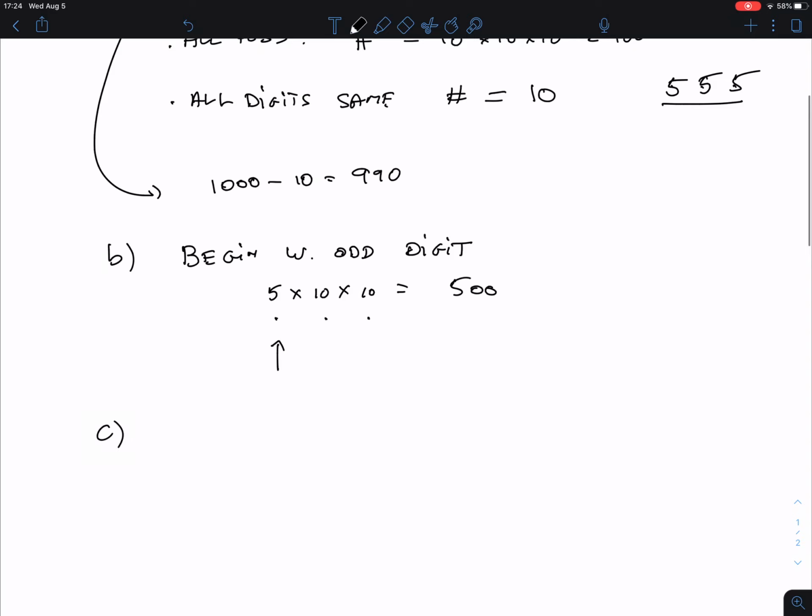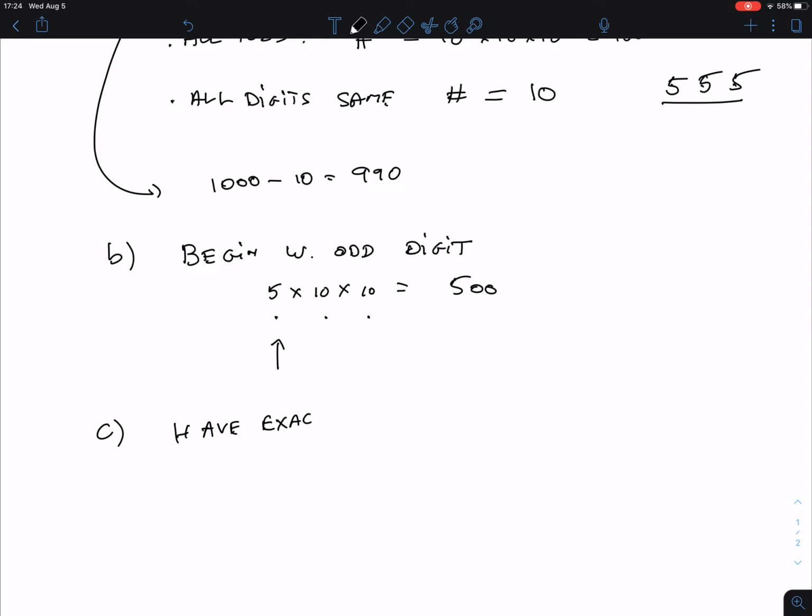And then C, that's perhaps a little bit harder: have exactly 2 digits that are 4. How would we build a number that satisfies this? Let's think about that.